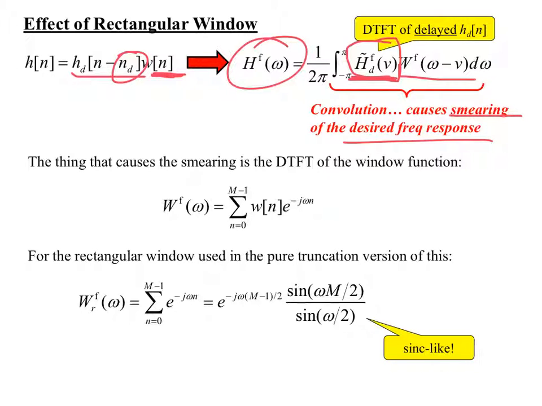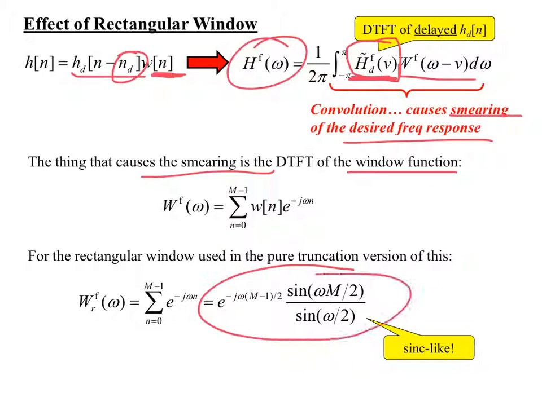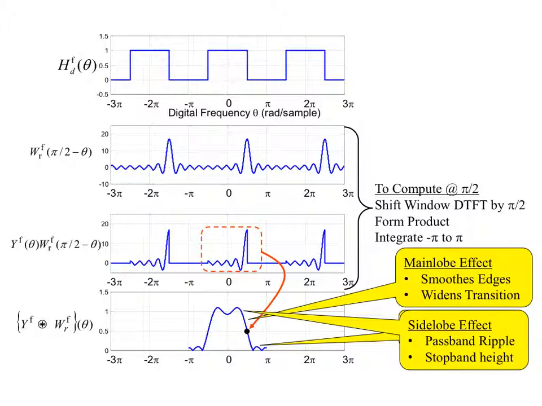And the thing that's causing this smearing is the DTFT of the window function. For the rectangular window, we've seen already, we get something that looks like that, which is sinc-like. We've seen this picture before, back when we were talking about DFT processing, but same kind of idea here.